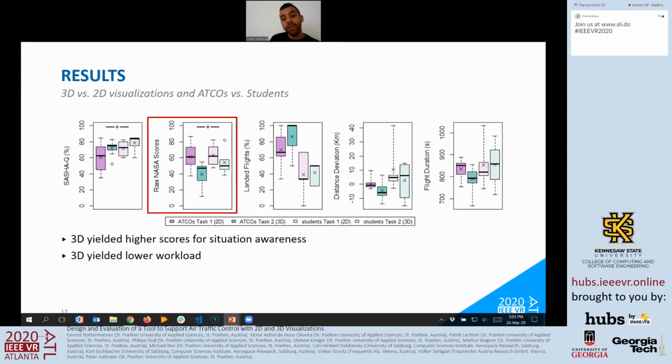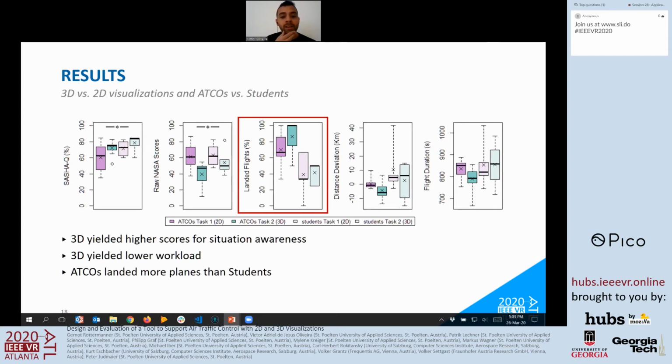When it comes to workload, the 3D also yielded lower workload compared to the 2D. And in particular, we could see that mental demand was lower for the 3D, while temporal demand, effort, and also frustration were higher for the 2D. The mental demand was also higher for the students in comparison to the HCOs.